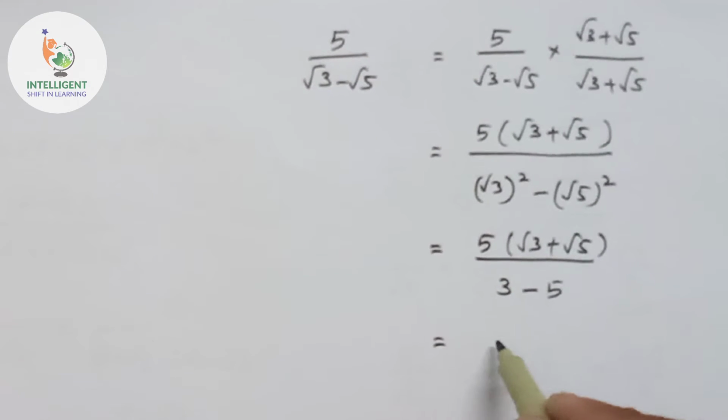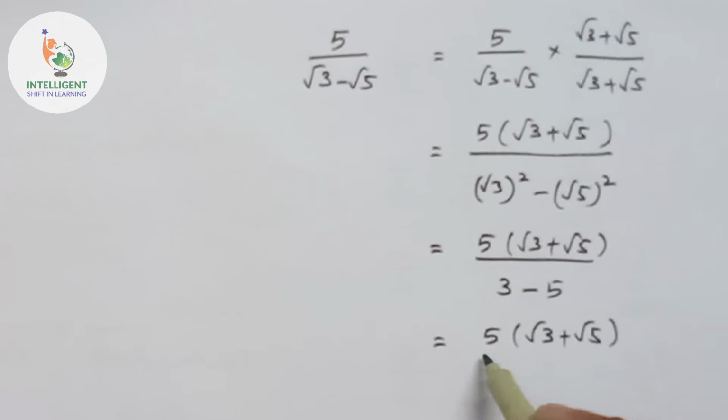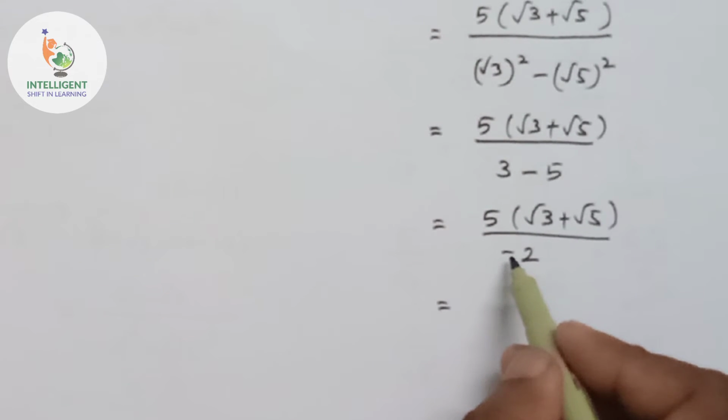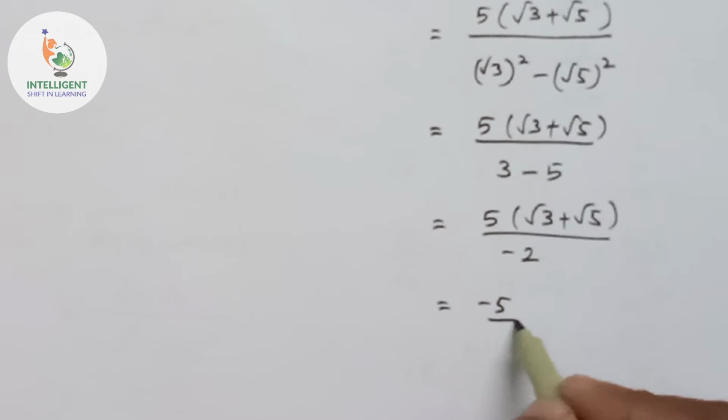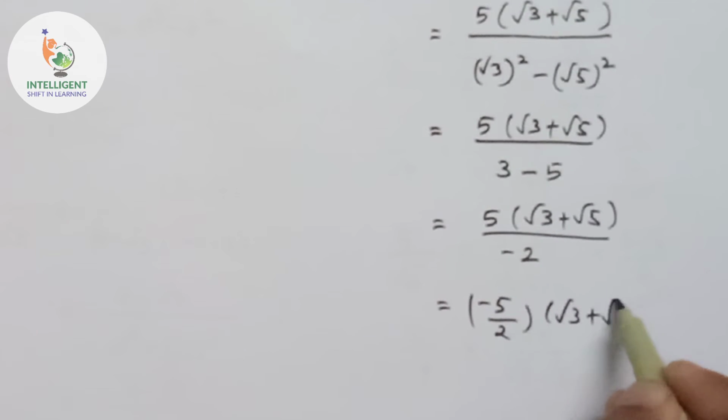That is 5 into root 3 plus root 5 divided by 3 minus 5 is minus 2, which is equal to minus 5 by 2 into root 3 plus root 5.